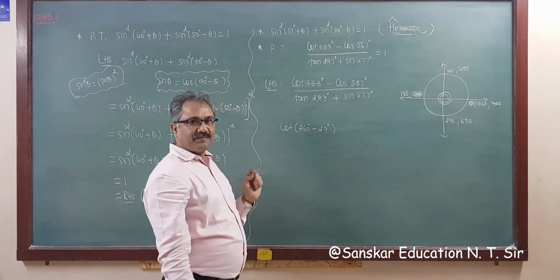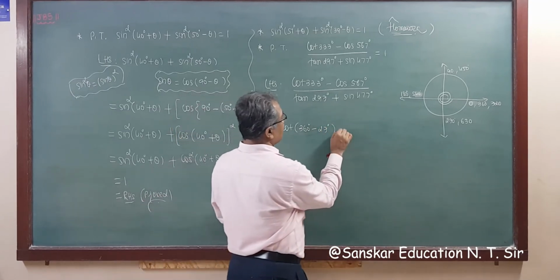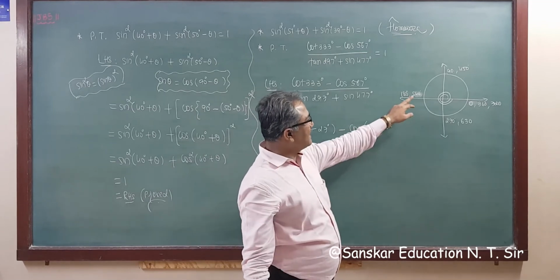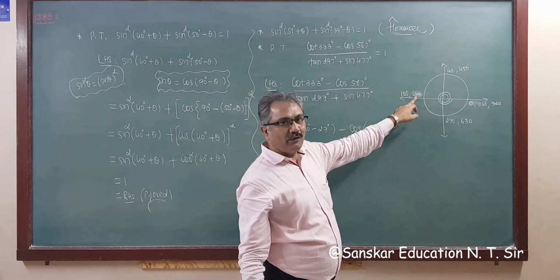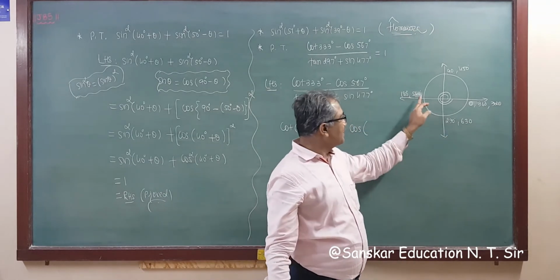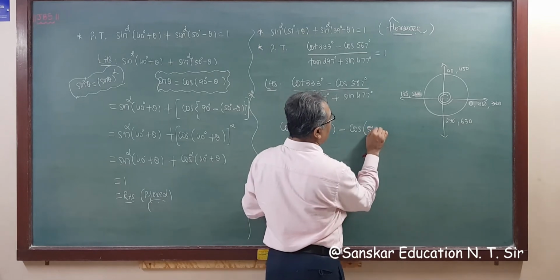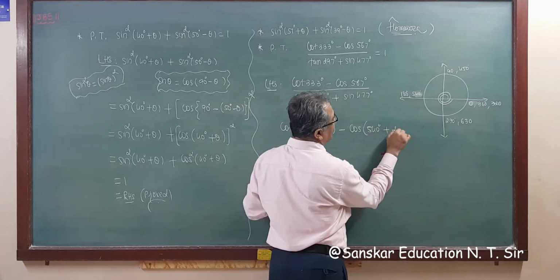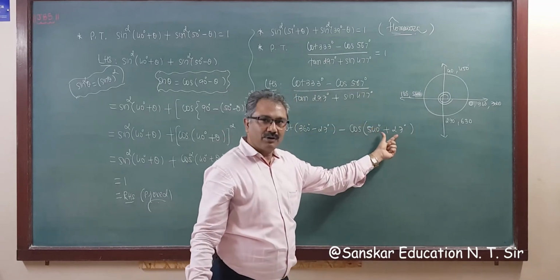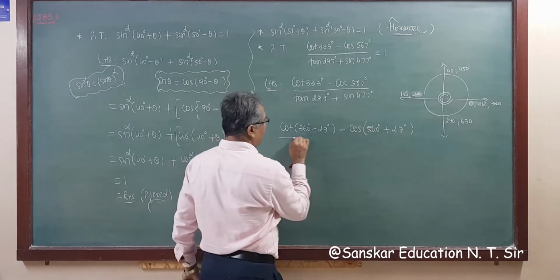Got it? Okay, minus cos 567. So 567 is very near to this 540, otherwise 630 is far away. So 540 plus 27 is 567. Got it? Now you got the idea.